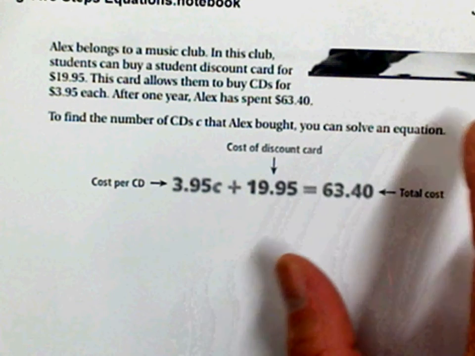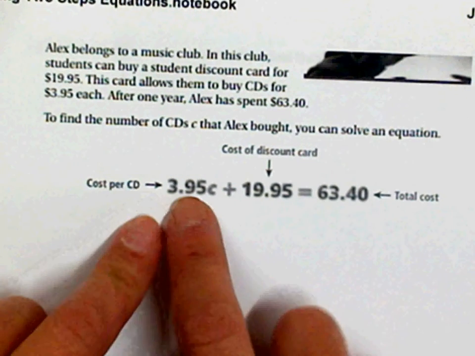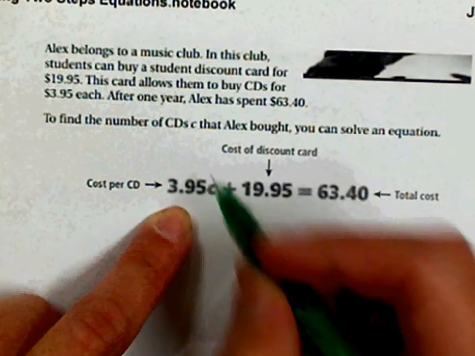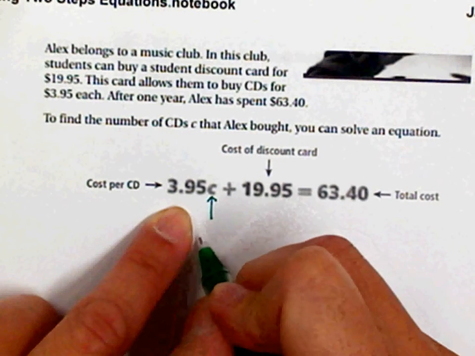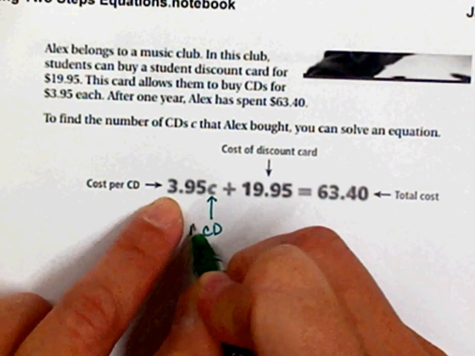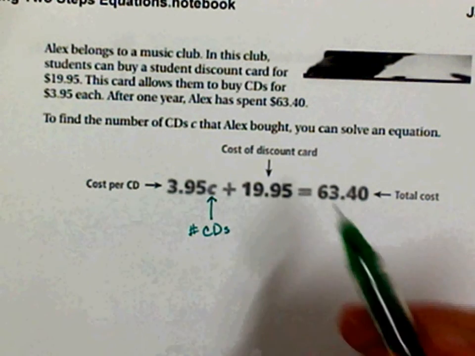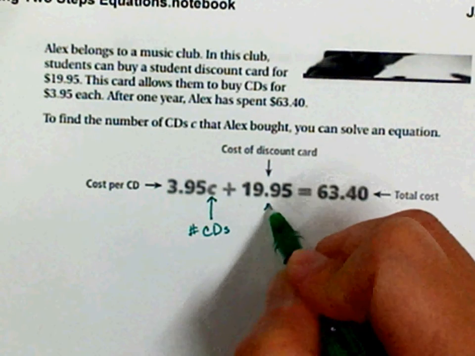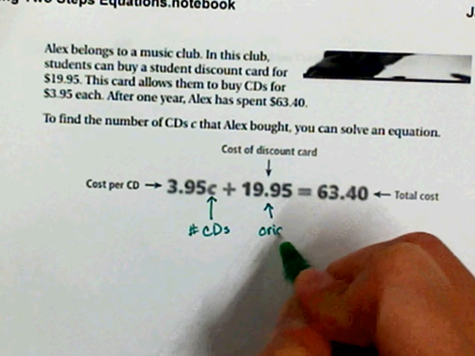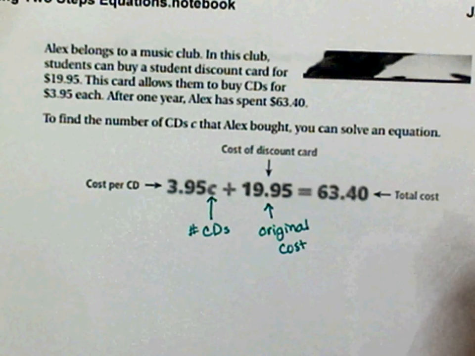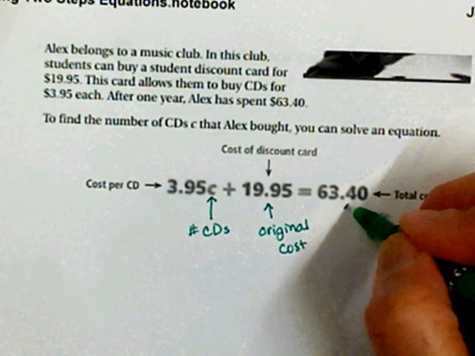Now notice, here's the cost of the CD plus C. Guess what C stands for? C stands for your number of CDs, or number of songs, okay? Plus $19.95. This is your original cost, right? And then $63.40. What is that?